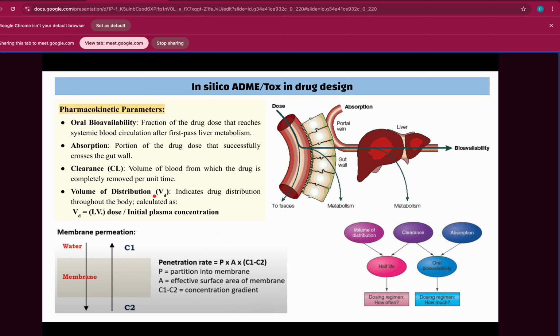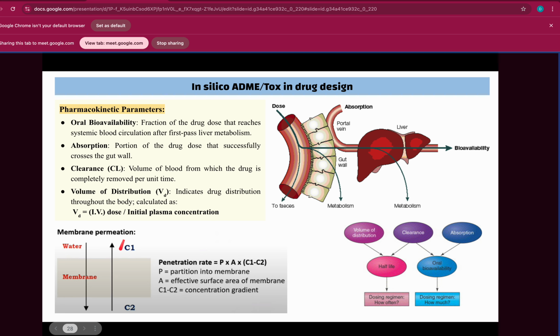Then volume of distribution indicates drug distribution throughout the body, that is, how quickly it distributes throughout the body. Either it has poor distribution, and it depends on what your aim is: either you want to distribute it throughout the body or it should be specific to one particular tissue. This is how the volume of distribution is calculated, which is dose divided by initial plasma concentration.